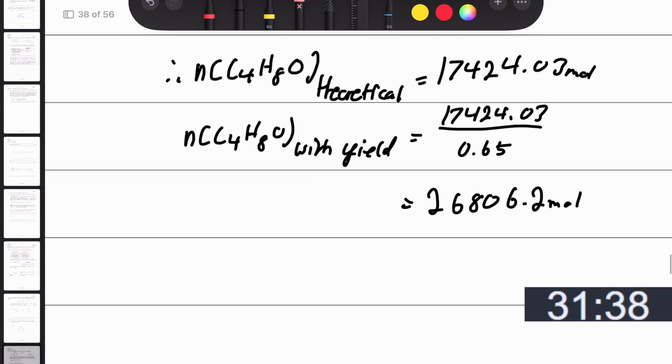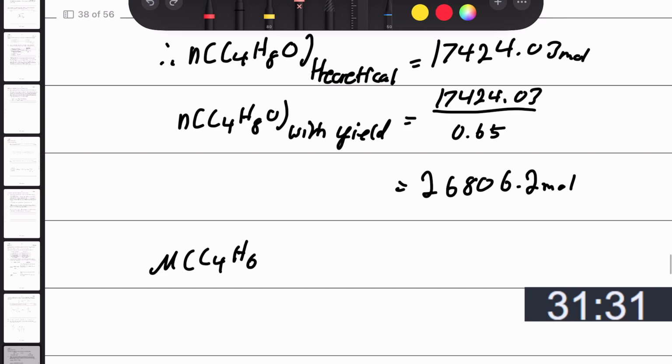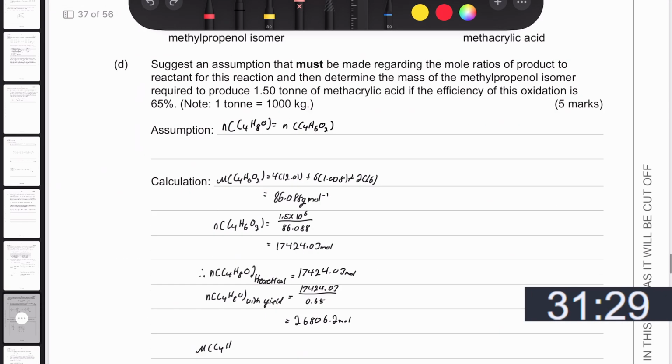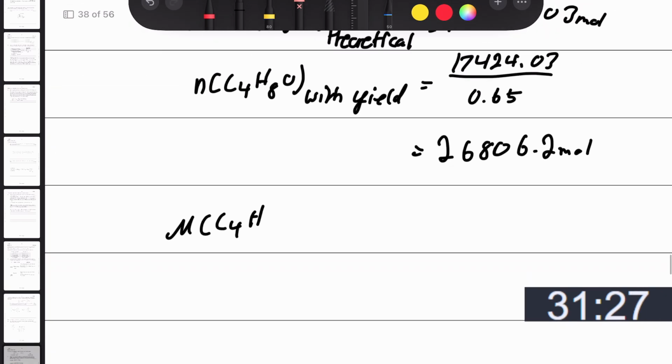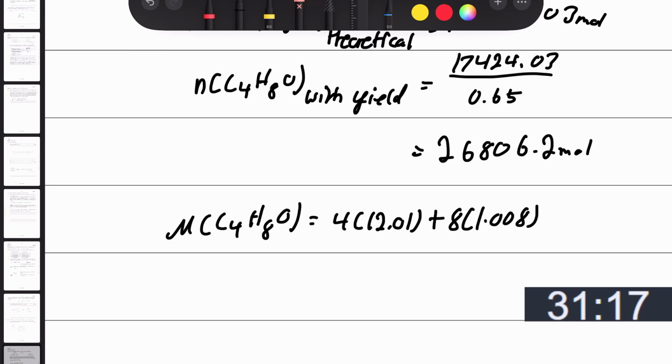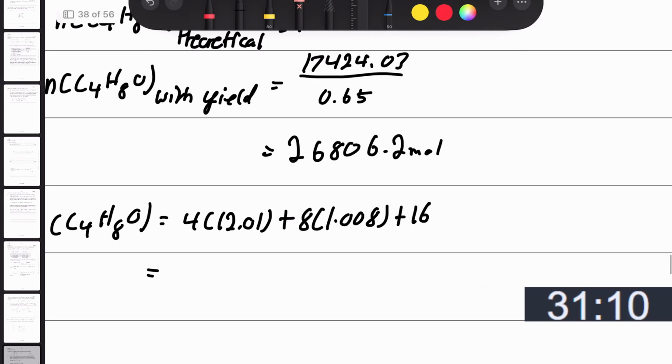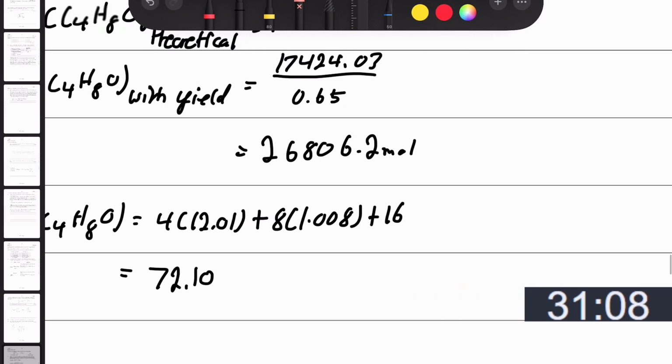The molar mass of C4H8O is 4 times 12.01 plus 8 times 1.008 plus 16, which is 72.104 grams per mole.